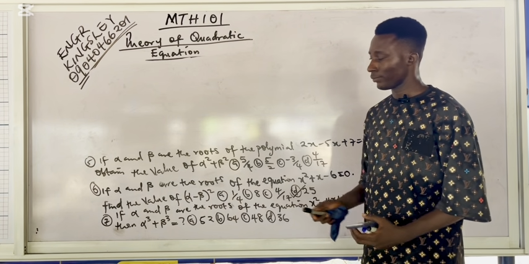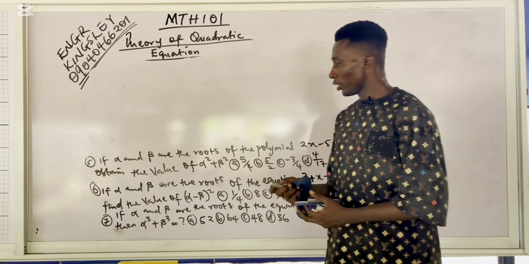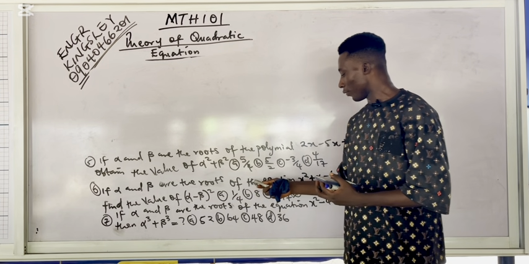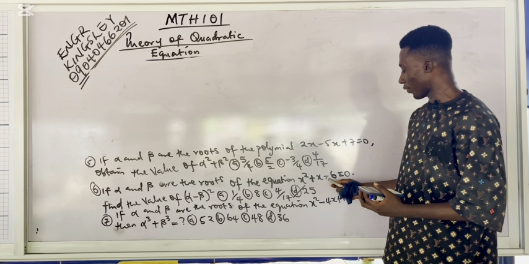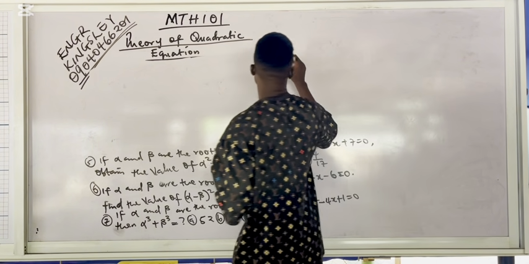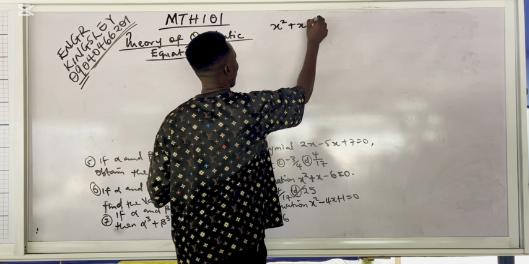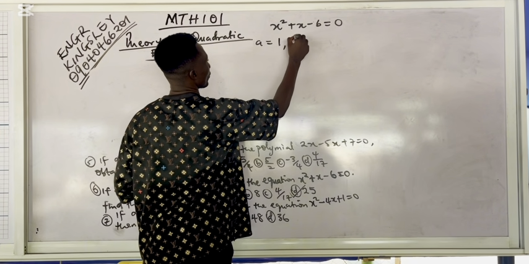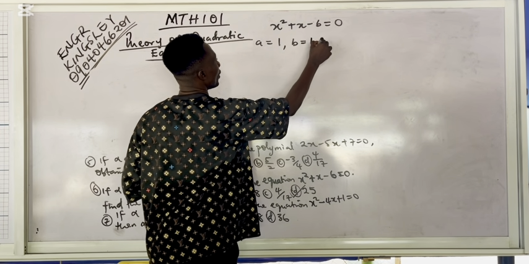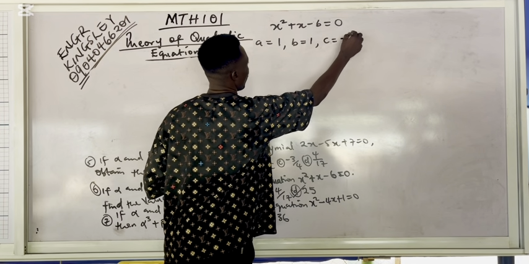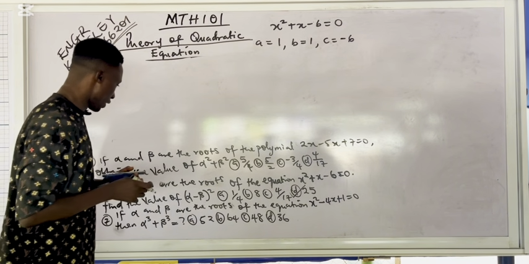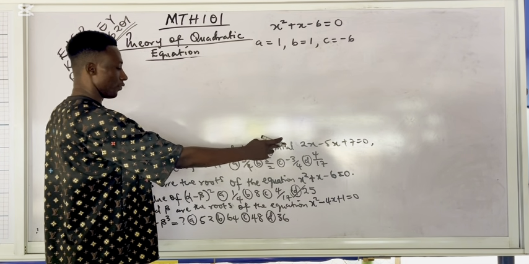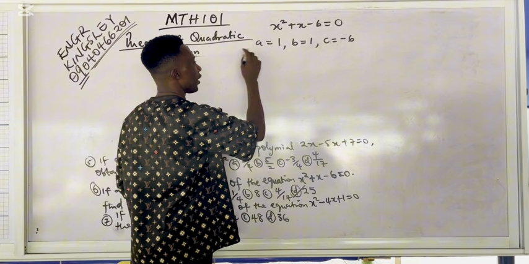option number C. Okay, in number 6, they said if alpha and beta are the roots of the equation x squared plus x minus 6 equal to 0. You know that A here is 1, B here is 1, and C here is minus 6. Okay, so the first thing is to get the value of alpha and the value of beta by pressing mode 5-3.